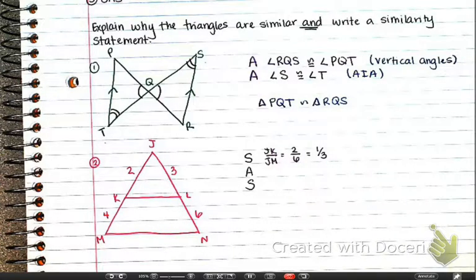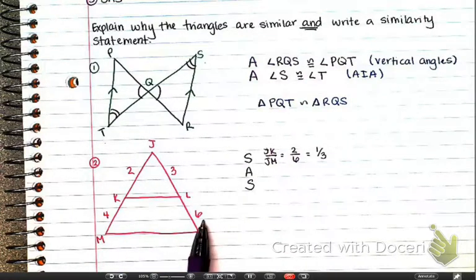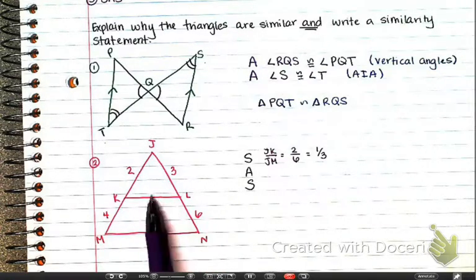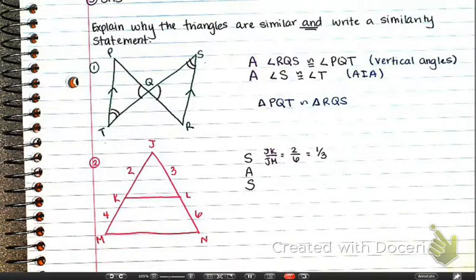So remember when we were able to set up like 2/3 and 4/6? What was important about that? It had to show that those lines were parallel. If not, you were setting up big to small or small to big. Okay, so make sure for these ones, you're going small triangle to big triangle or big triangle to small triangle.